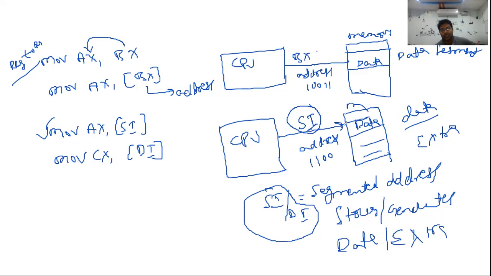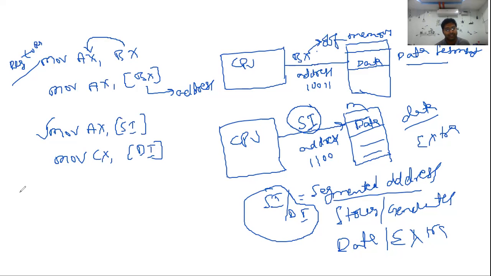But what is the difference between these? SI has the address locations of segments. But BX is the address location within the data segment. Remember carefully, SI has the address of the segment address, but BX is the offset address.